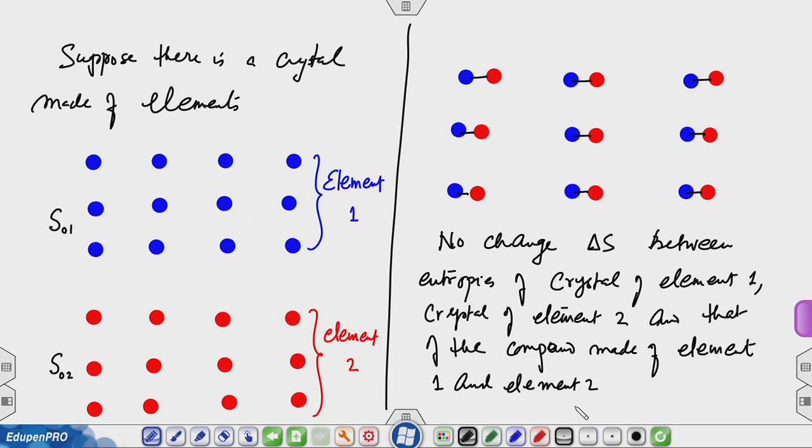Of course, we are conserving the number, and moles are the same and all that.